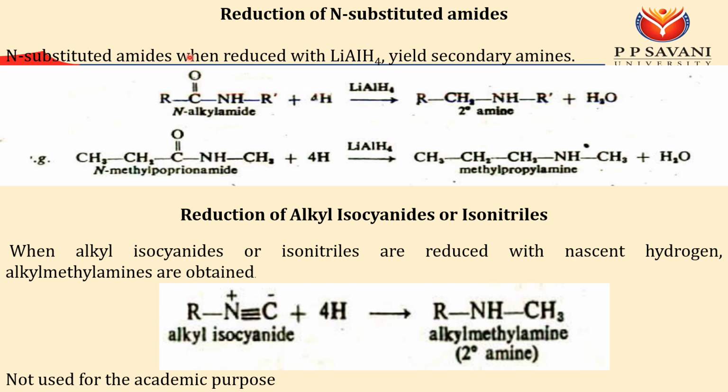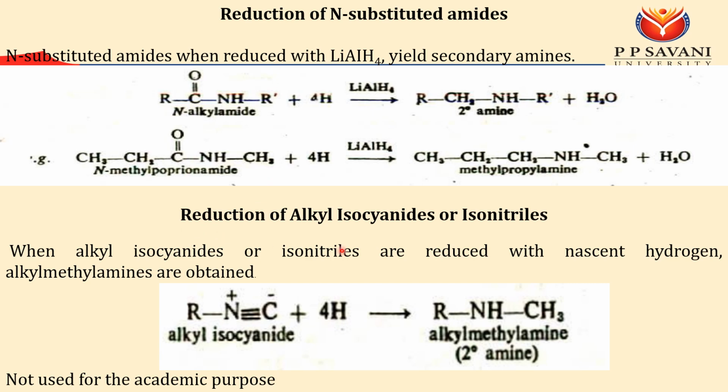The rest of the hydrogen reacts with oxygen and produces a water molecule. So from an N-methyl propanamide, with nascent hydrogen, you will easily get methylpropylamine. For the nomenclature you have to follow alphabetical order, so methyl is first, then propyl, then amine.